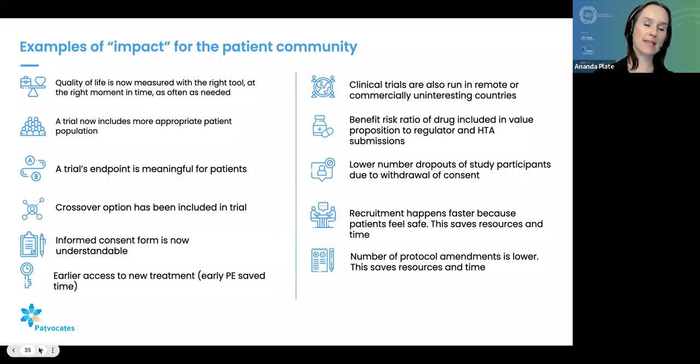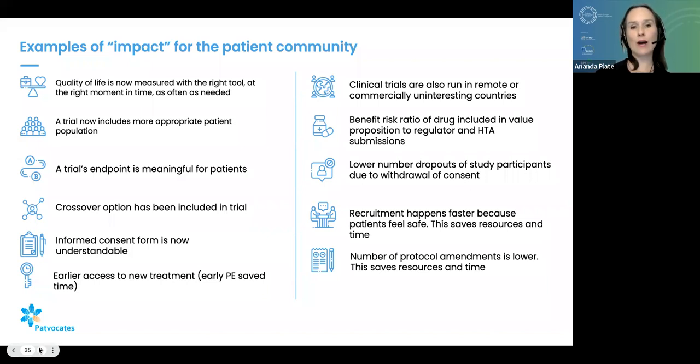But there are others, as you can see: a trial that now includes a more appropriate patient population, or a trial endpoint that is now more meaningful for patients, options for crossover, understandable informed consents, clinical trials run in remote or maybe commercially not so interesting countries, and the benefit-risk ratio from a patient point of view being included in the value proposition that is handed on to the regulators and HTA bodies.